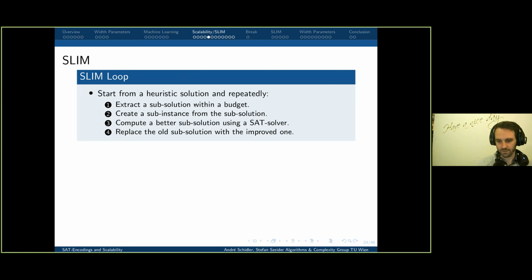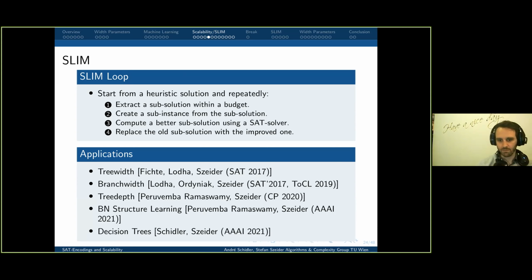The first one is some property you want to optimize that's local. So depth is local because you don't need any information from other parts of the decision tree to minimize the depth. And then you need some method to extract the sub-solutions. And this has been applied for different problems. Tree width, branch width, tree depth are all width parameters. And then more recently, we looked at machine learning, Bayesian network structure learning, and decision trees.